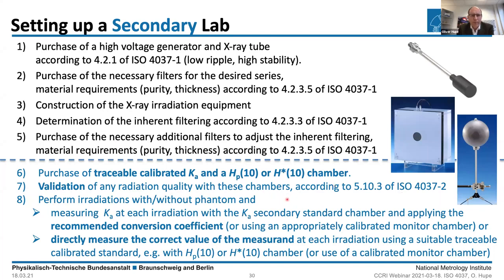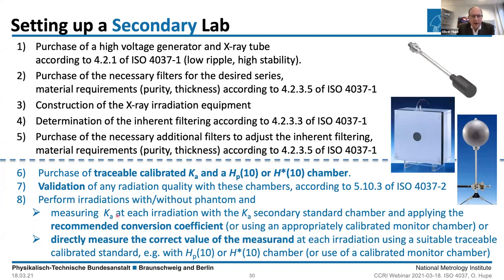And then after validation you perform your irradiation with and without phantom, depending on whether it's HP or H*, measuring Ka, the air kerma, at each irradiation with the air kerma secondary standard chamber and applying the recommended conversion coefficient, or you can also use a calibrated monitor chamber.